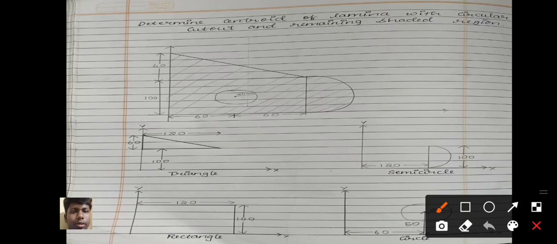Now let's discuss the first diagram. In the first diagram, the distance of the triangle's base from the x line is 100 millimeter, and the base of the triangle is 60, and the height of the triangle is 120.